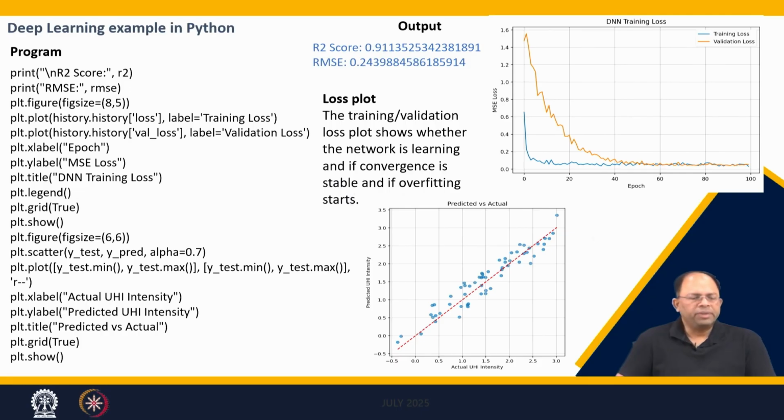Once we do that, we can plot this. We are printing the R square value, which is 0.9, and the RMSE value, which is 0.24, and then we are plotting the training loss at each epoch. That means in this direction, these 100 epochs are there. In each epoch, what is the training loss, and not only the training loss, what is the validation loss?